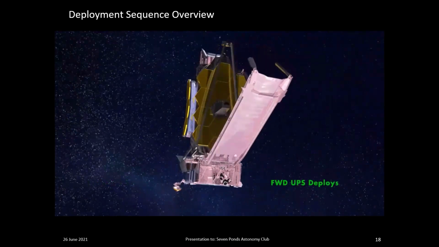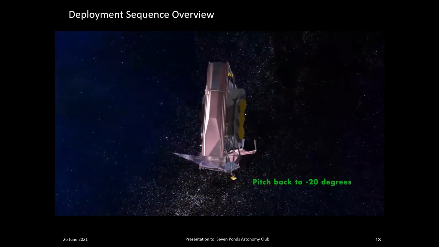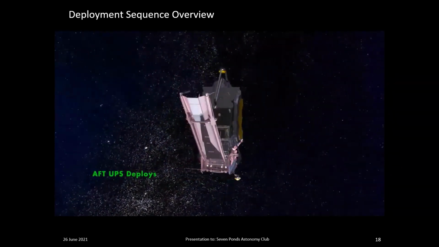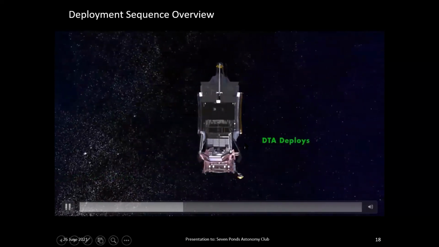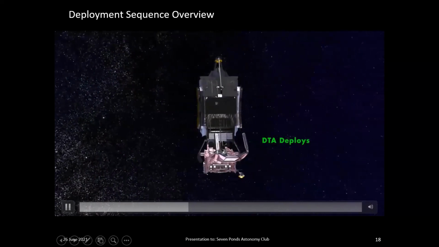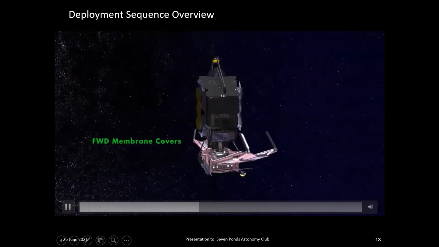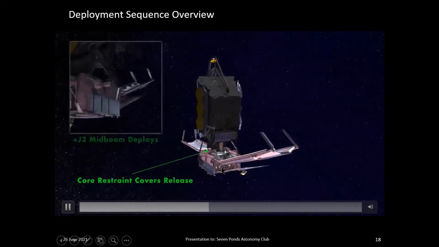In here you see pallet structures unfolding. Those pallet structures have that giant sunshield folded up inside them. And here you see a deployable mast extend to provide thermal separation between what will be a very cold telescope and what must remain a room temperature spacecraft.